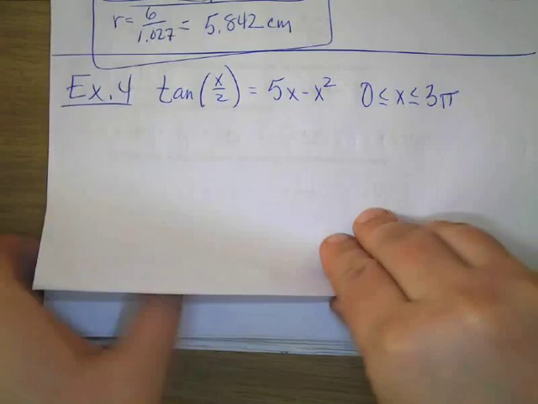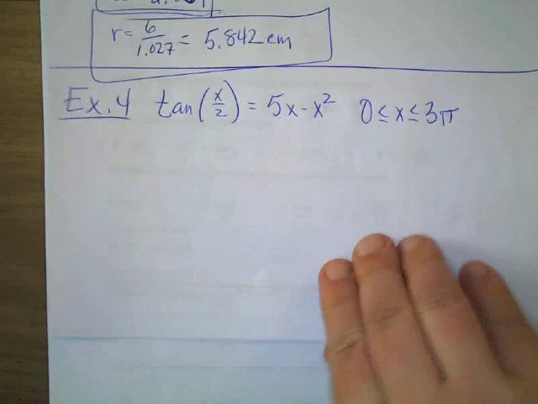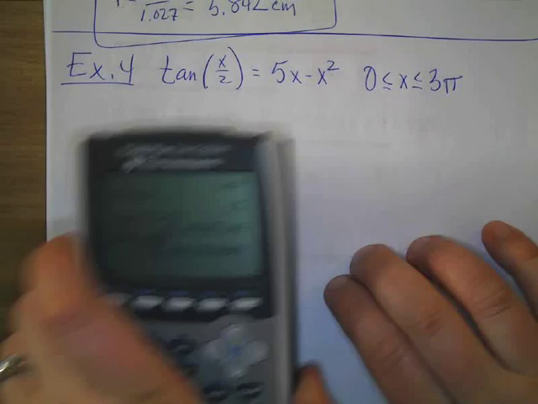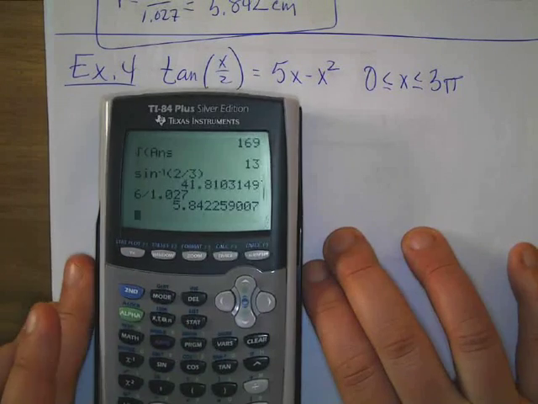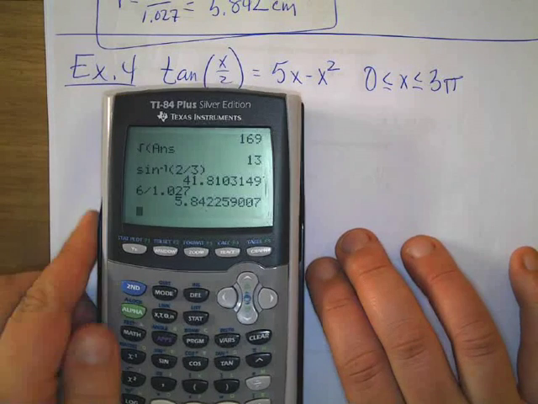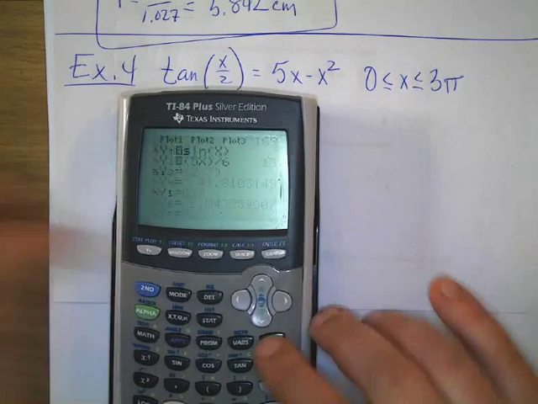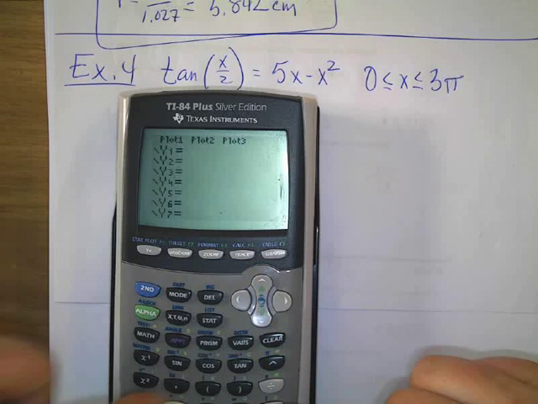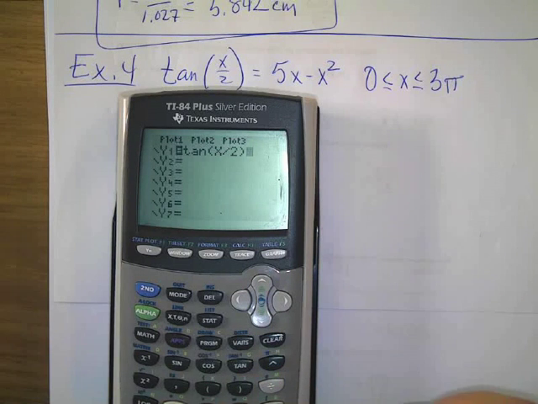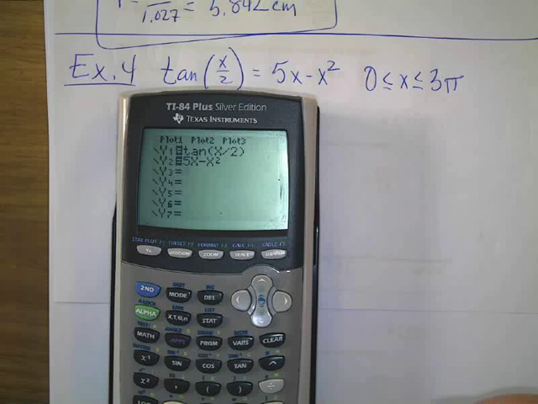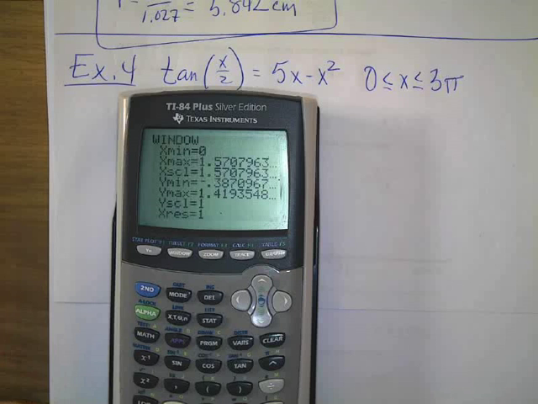So tangent of x over 2, and what's the other side? 5x minus x squared. And they told us a window range, so we're going to go from 0 to 3 pi.